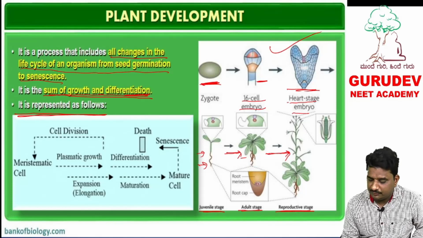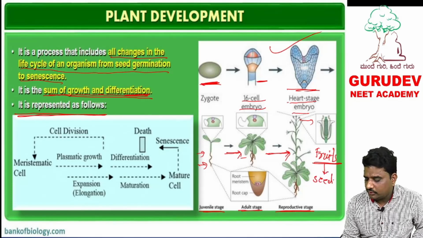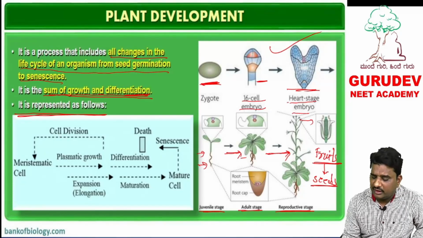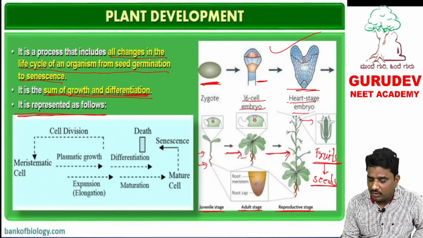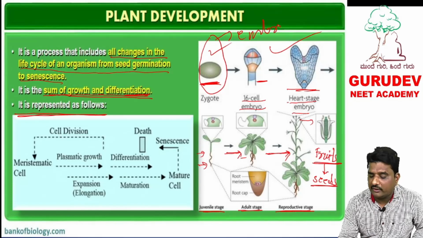Later the flowers are converted into fruits, and fruits contain seeds. So seeds give rise again to a new plant. These are the events in plant development from the single-cell zygote, which is formed in which sac? Embryo sac.